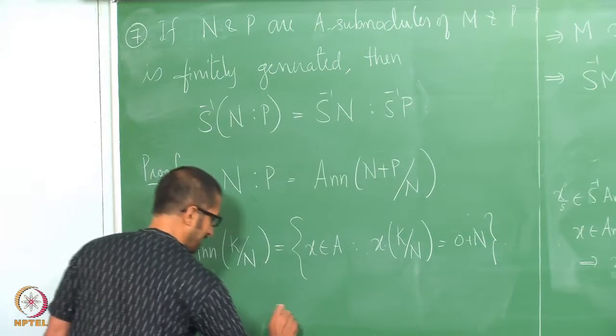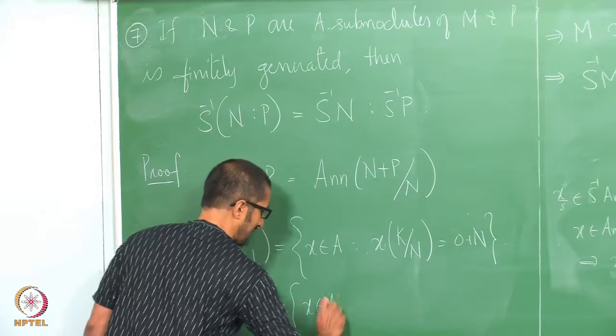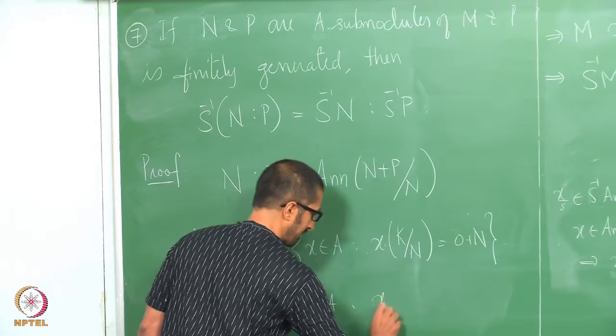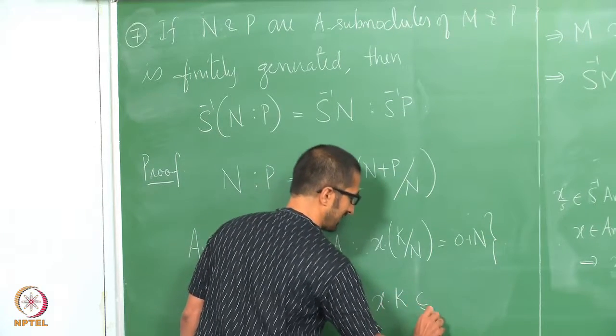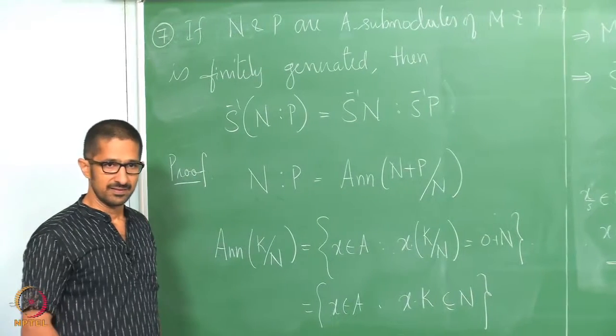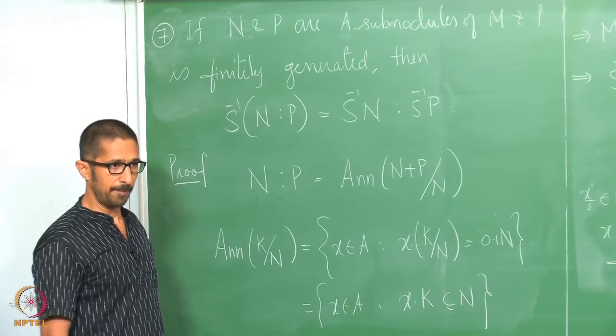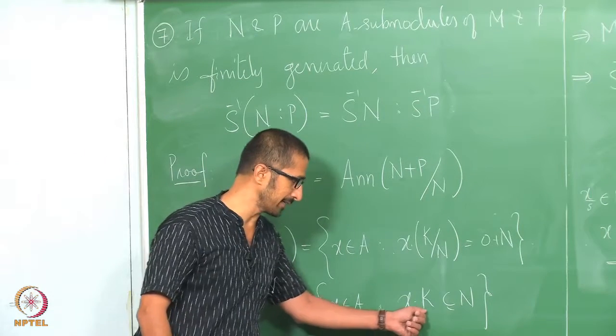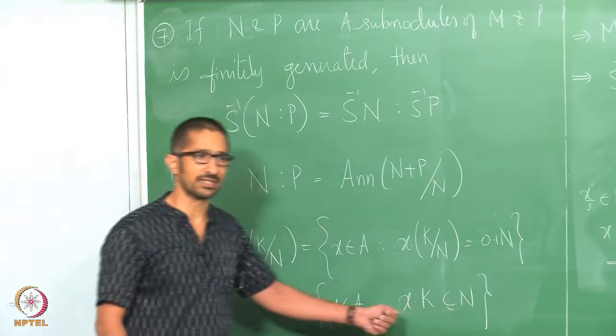This is the same as saying the set of all x in A such that x k is contained in n. Right, and that is precisely n colon k.